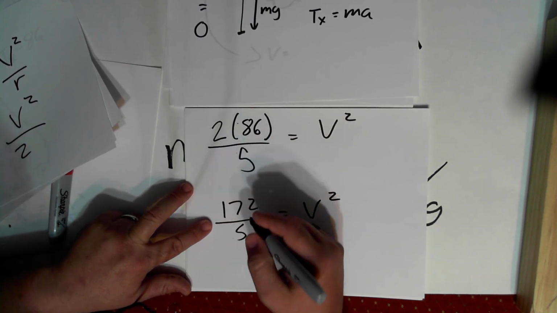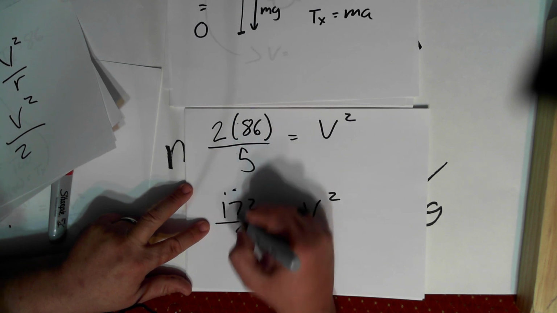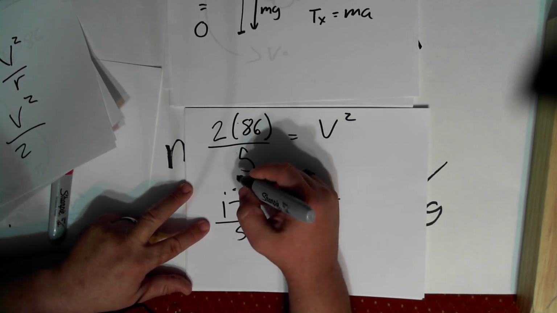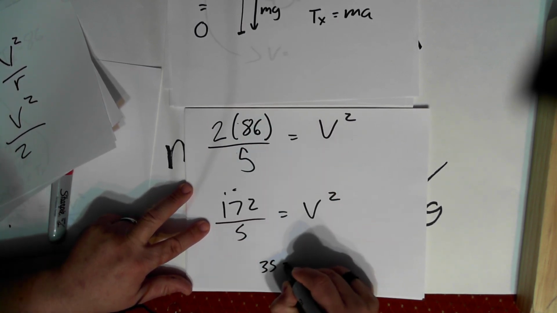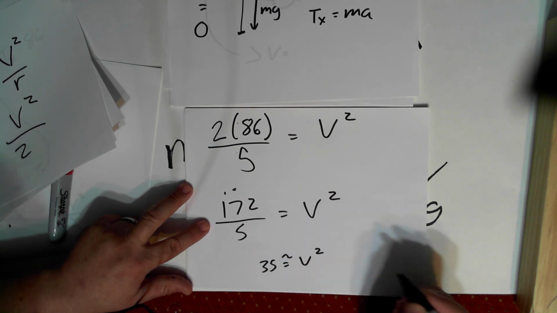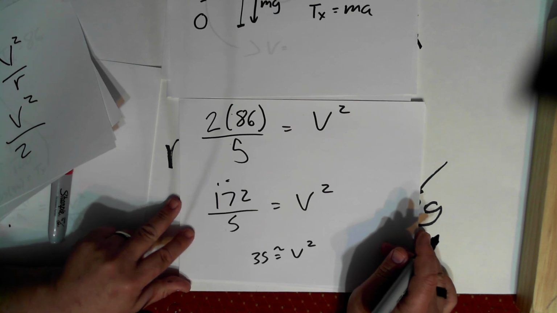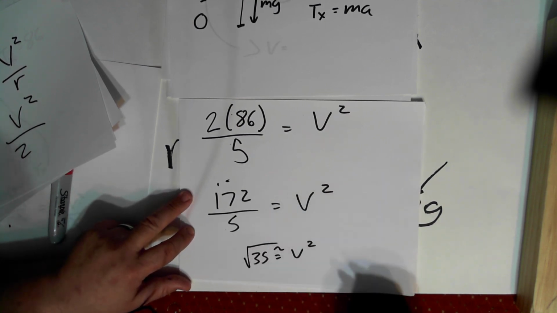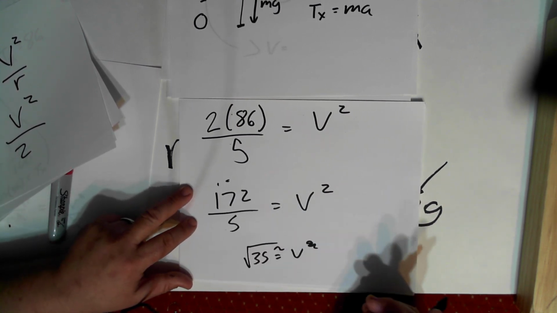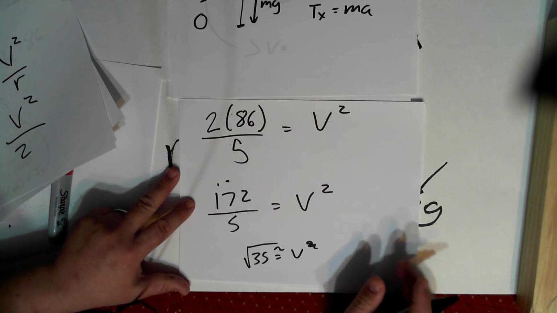That gives me about 35 equals v squared. It's not quite 35. Then I'm going to take the square root of that, and that is going to give me the speed of that object. Cool? All right.